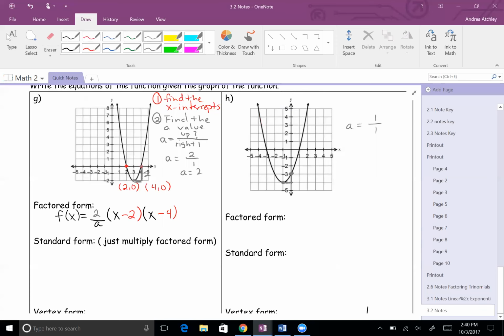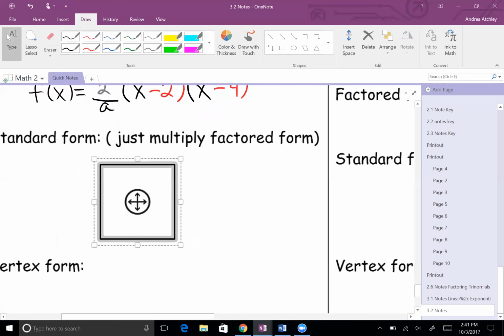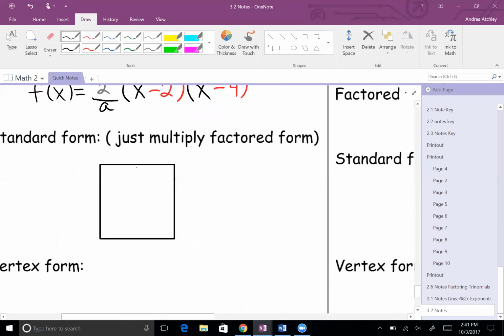Okay, standard form, we just have to multiply everything out. So we start with our box. That's how we multiply binomials. And I have x minus 2 here, and then the x minus 4 here.